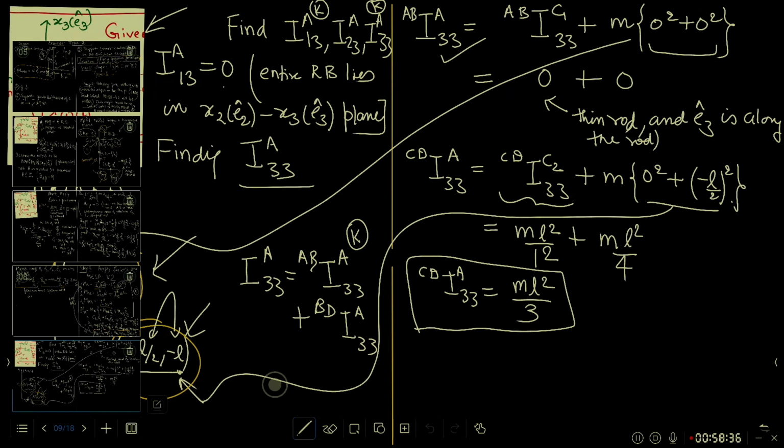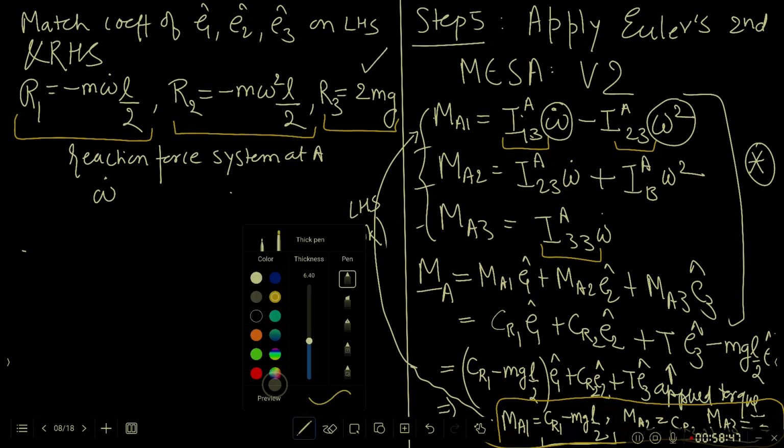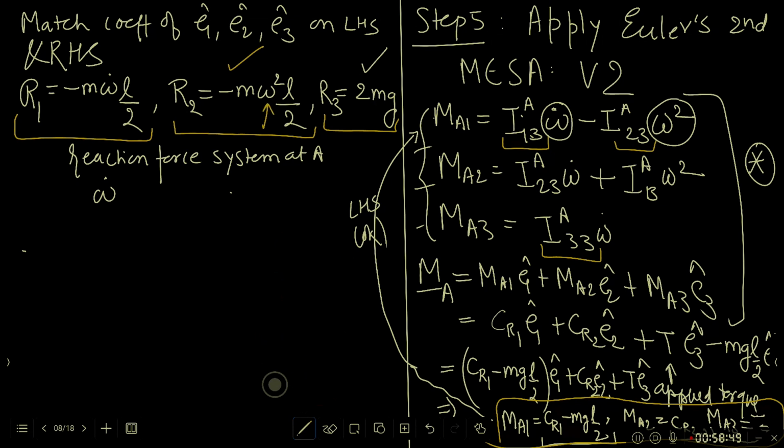R2, once omega is found, you know R2, and omega dot is found, so you know R1 also. So now we are in a position to find all the unknowns that we were asked to find.